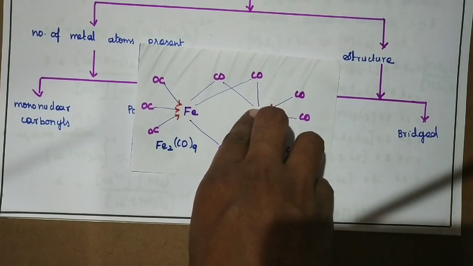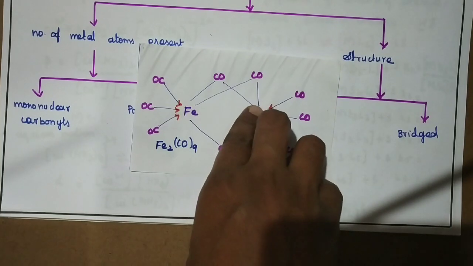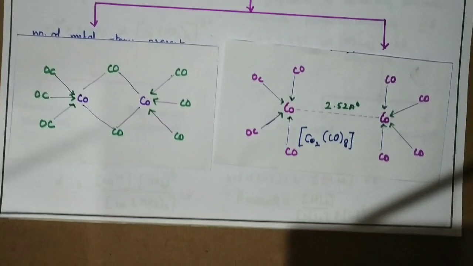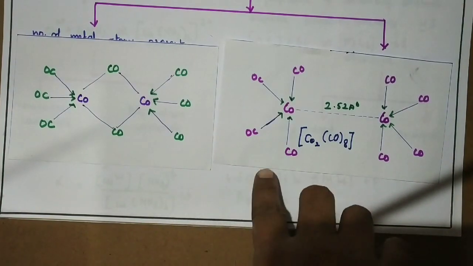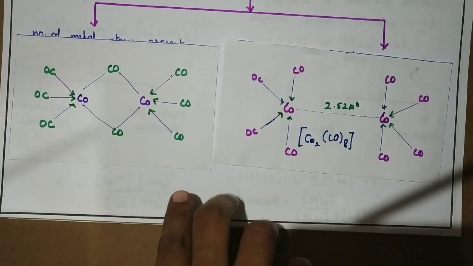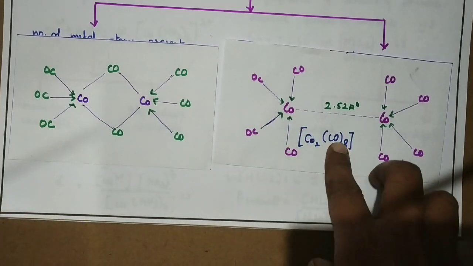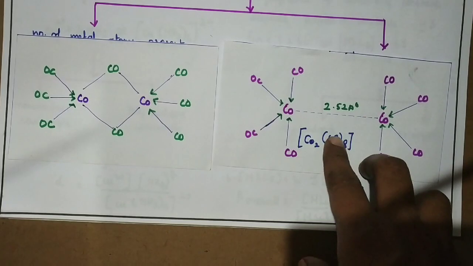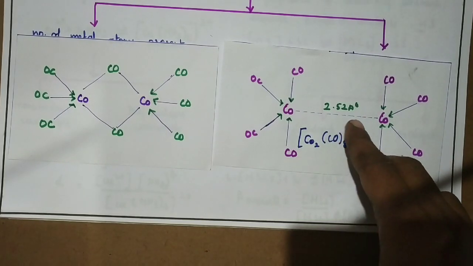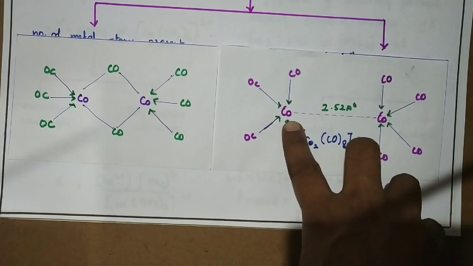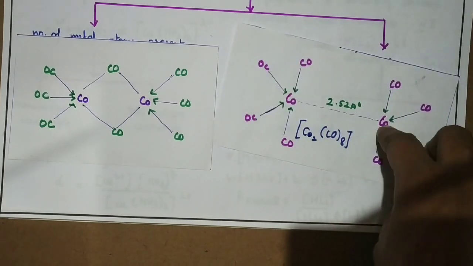Next is the example of Co2(CO)8, where two isomers are possible. The first has a terminal bond between the central metal ion and the central metal ion.